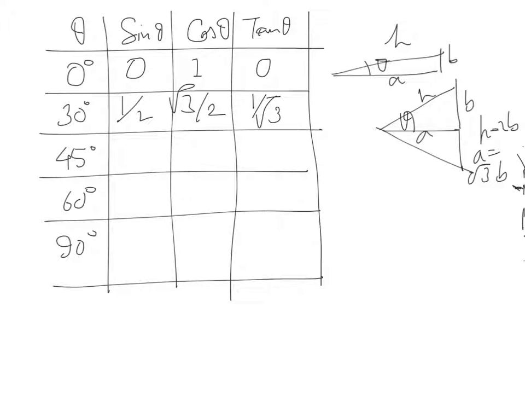Now if we draw a right triangle with an angle of 45 degrees, we know that it is an isosceles triangle. Here this theta is 45 degrees, and so is this other non-right angle, and therefore the base and the height of this triangle are the same.